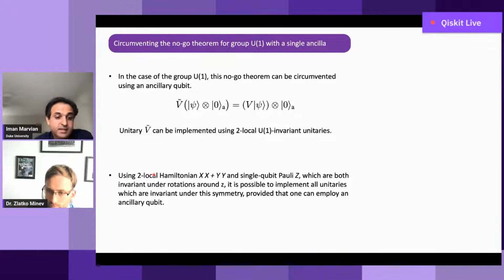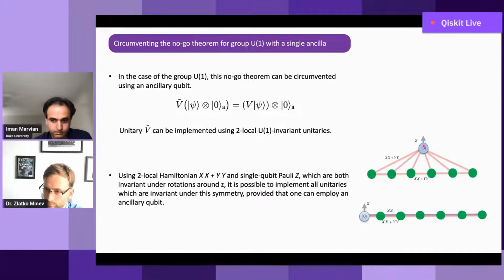And indeed, it turns out that you can realize a general U1 invariant unitary using just XX plus YY interaction and single Pauli Z, which are both invariant under rotation around Z, provided that you can interact with these ancillary qubits.